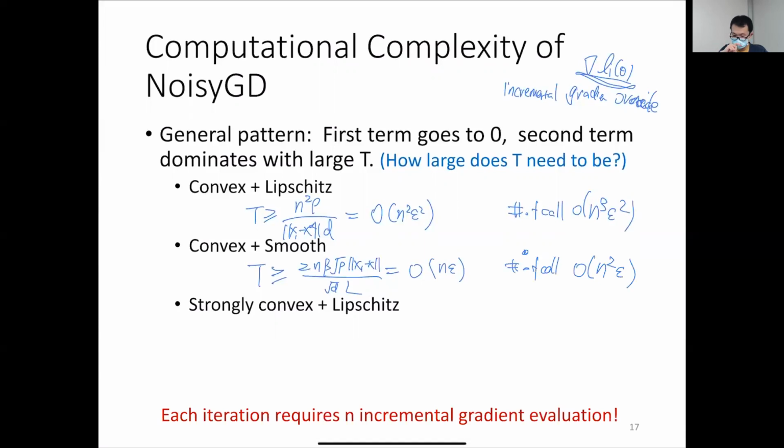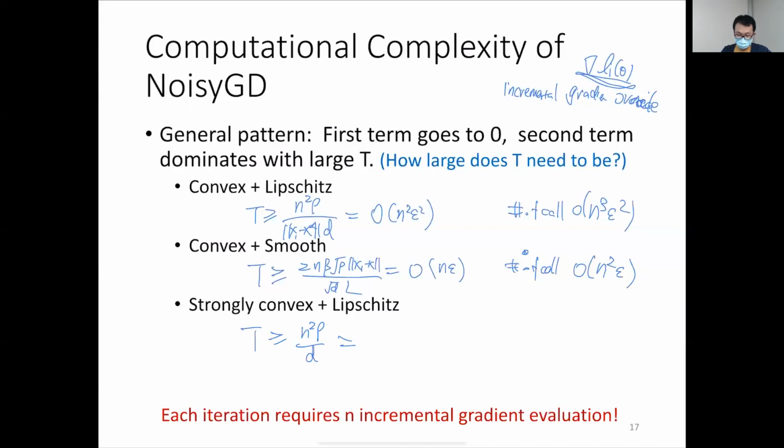All right. And in addition, when we have the strongly convex problem, in order to adapt to the strong convexity, we've seen that T needs to be larger than n square rho over D, right?